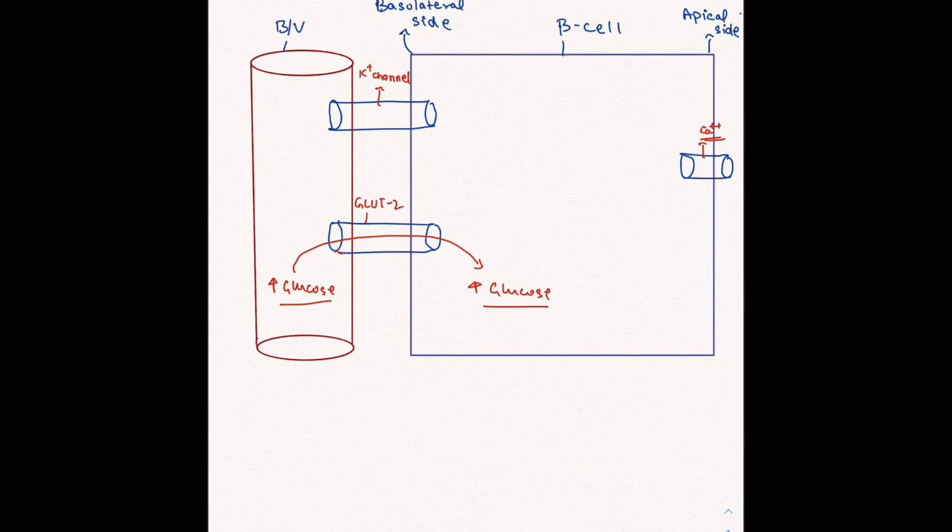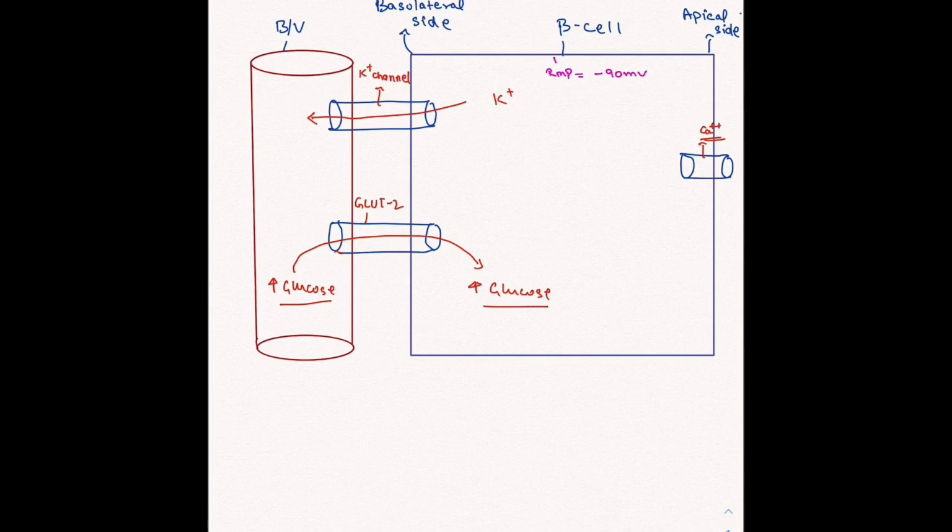Now the potassium channel, normally what it does is throw the potassium into the blood vessel, keeping the resting membrane potential of the beta cell at minus 90 millivolt.